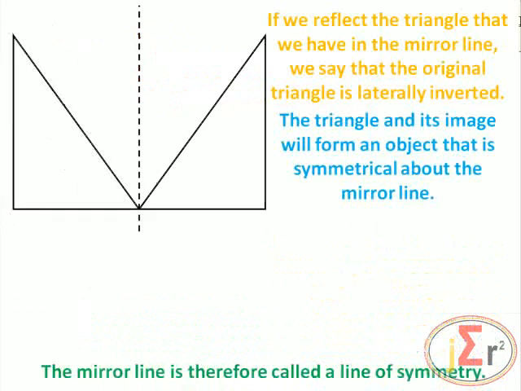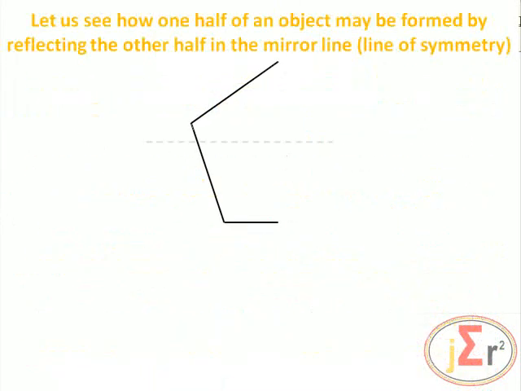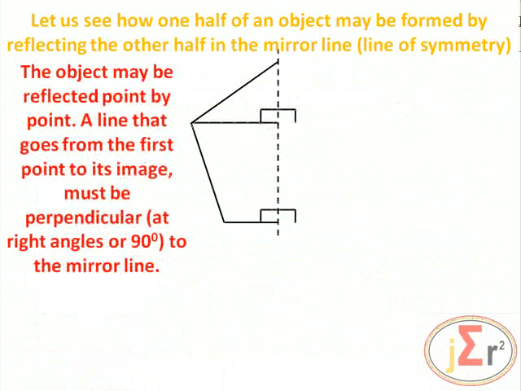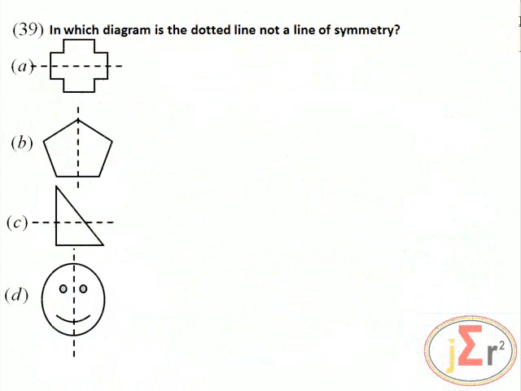Then we went ahead and did it by actually carrying out the reflection process. Therefore, if we look at this one, we have no doubt that the line that we have here represents a line of symmetry.